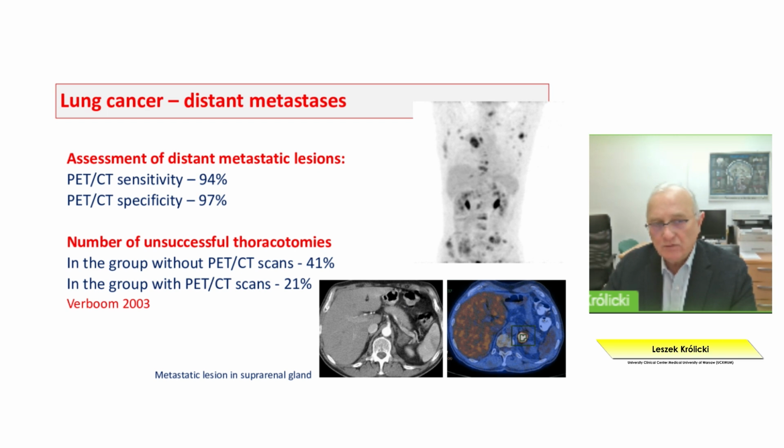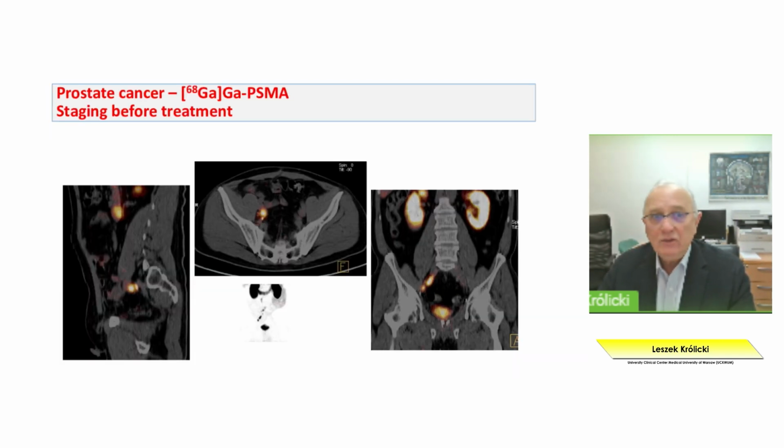In 2003, when this methodology was applied, the number of unsuccessful thoracotomies was reduced by 41%. And in Germany, the National Health Service managed to save a lot of money by introducing this new methodology.